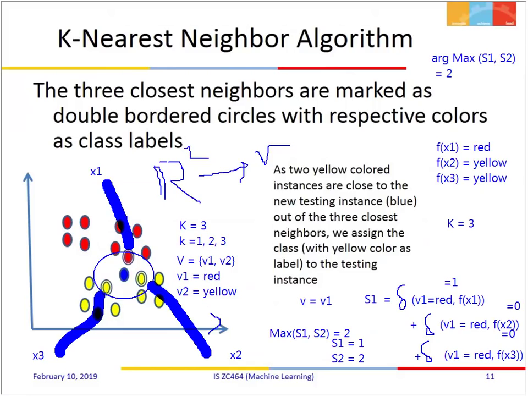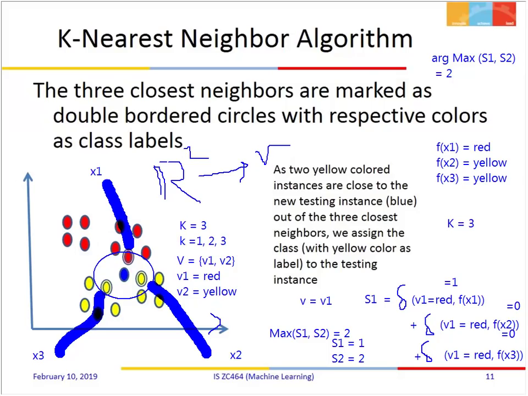So anyway, there is a concept of maximum that we are applying. 2 versus 1. We know that when 2 points are closest to this test data, I will have more confidence that this particular test data is going to be of yellow class. So for S3, no, S3 doesn't exist there because we are only having 2 classes.